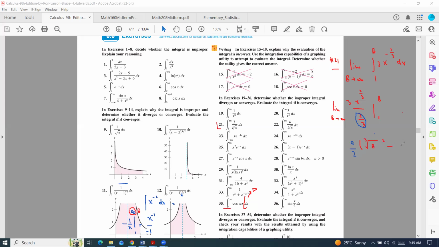And then I will subtract cube root from the lower limit square, which is 1. Okay. So this is our limit we need to take when b approaches infinity. What is that? Well, cube root of b is approaching infinity, right?